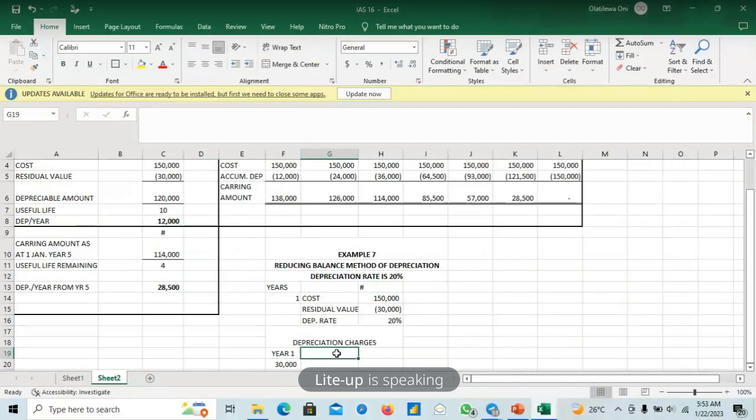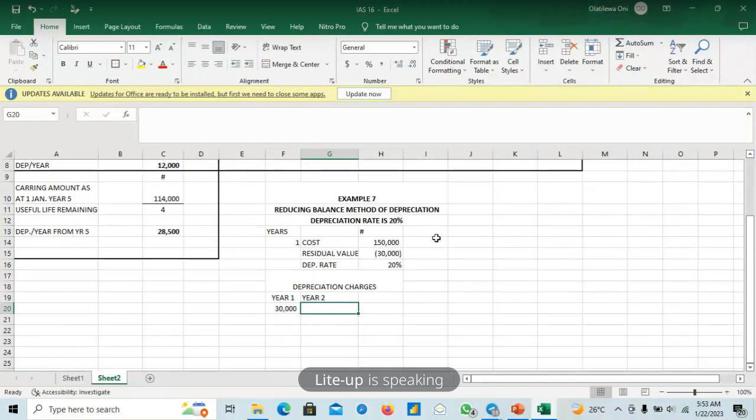For year two, depreciation charges will now be based on the carrying amount after year one. The opening balance has changed.